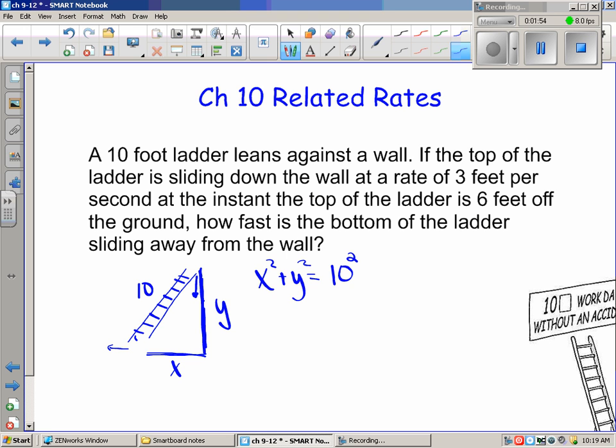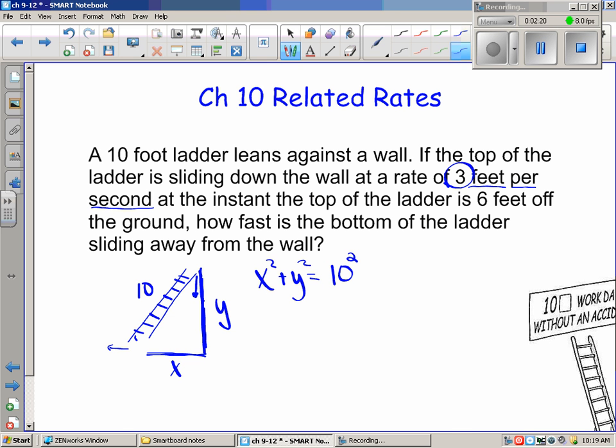And so what we do know, if we keep reading this over and over, we recognize that we have some other information besides a 10-foot ladder. We have this number 3, which represents 3 feet per second. In other words, the ladder is sliding down the wall. When you see a rate like that, the way we know it's a rate is because it's per something, per second in this case, in terms of time.